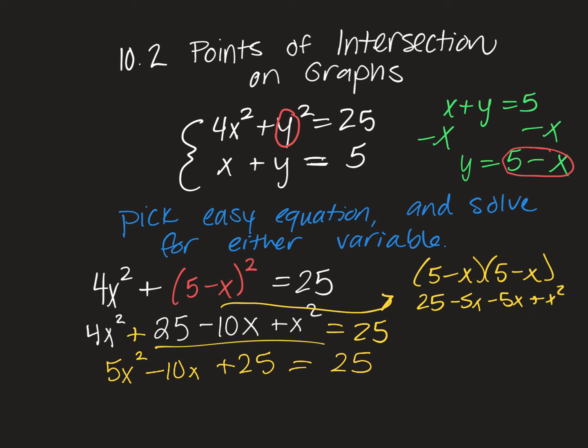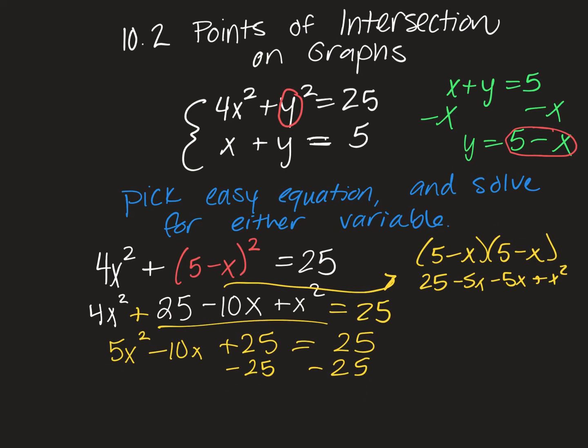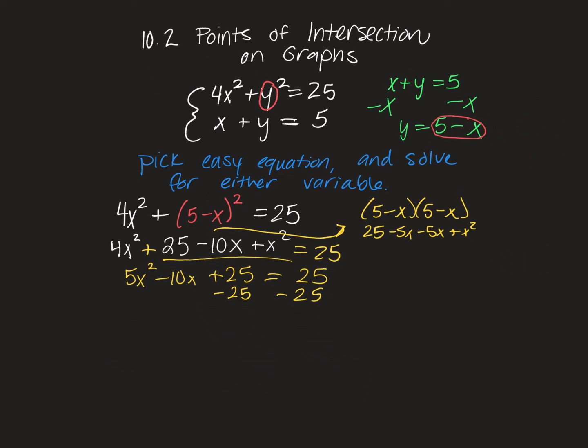So I need to set it equal to 0, right? It's a quadratic equation. Yes. So I'm going to move this 25 over. These should be simple enough that you can factor, but you could use the quadratic formula if you wanted to. Right, so now I have 5x squared minus 10x is equal to 0.